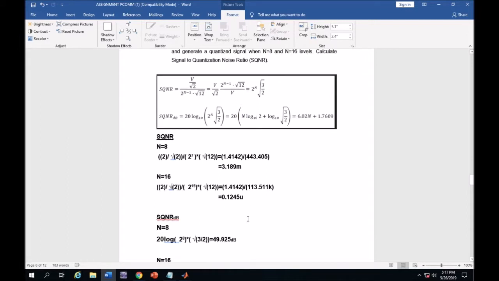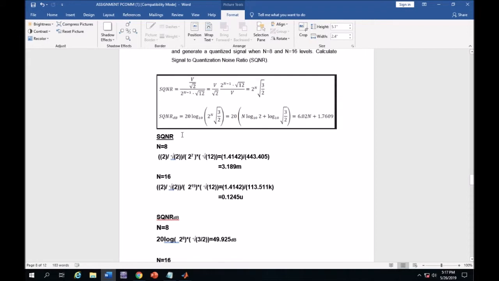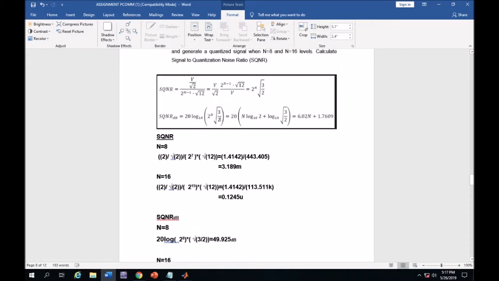0.1245 micro. And for SQNR, signal to quantization noise ratio, in dB. The formula is 20 log 10 of 2^n multiply √3 over 2, equal 20 n log 10 2 plus log 10 √3 over 2, equal 6.02 n plus 1.7609.